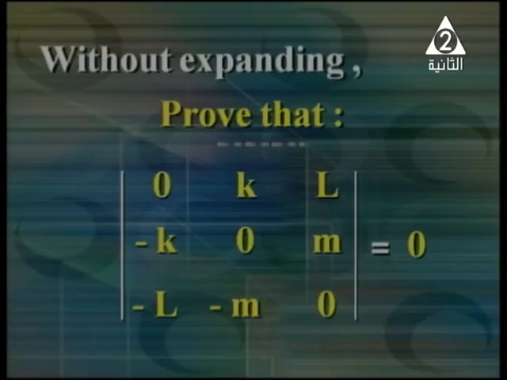The first method, we make all elements in two rows or two columns equal. The second method, we make all elements in any row or any column equal 0. Look, where K, L, M are any values.